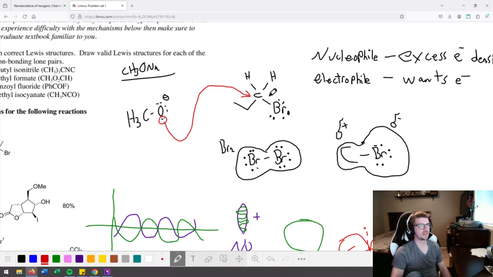And so when it does that, this is a filled orbital on this oxygen interacting with an empty orbital between this carbon and bromine that looks a lot like this.